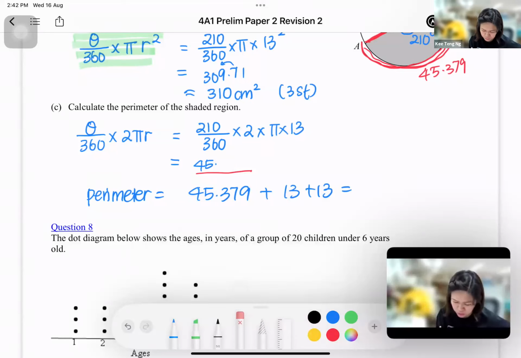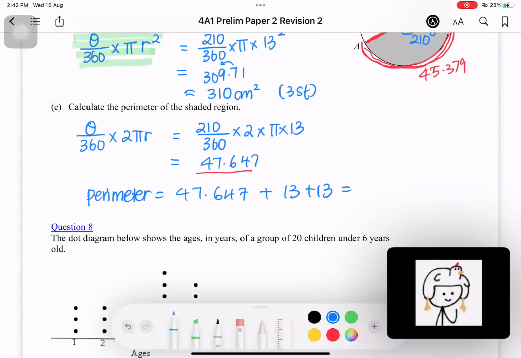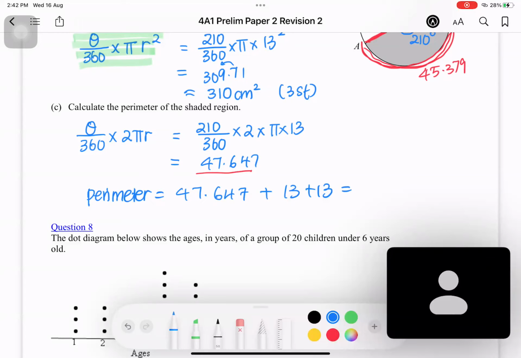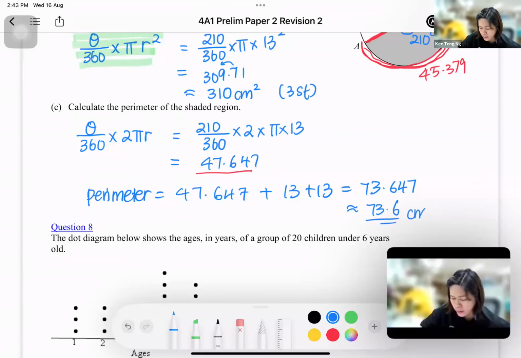Oh, sorry. 47.647? Is this the answer? Yeah, I think that's the answer. Yeah, correct. So now this is 73.647, round off. If the question is not stated, then it's 3 sig figs. So 73.6 cm. Okay, perimeter, length.